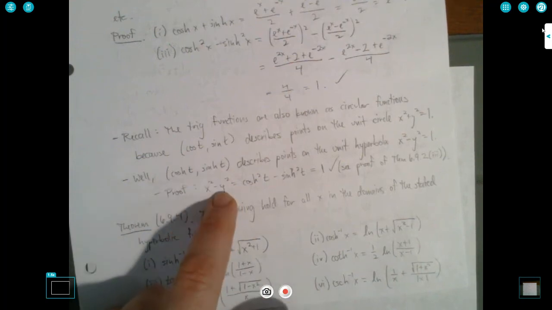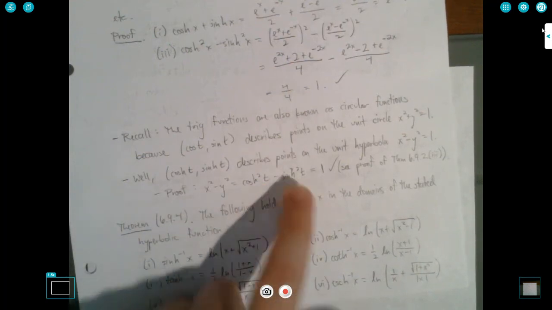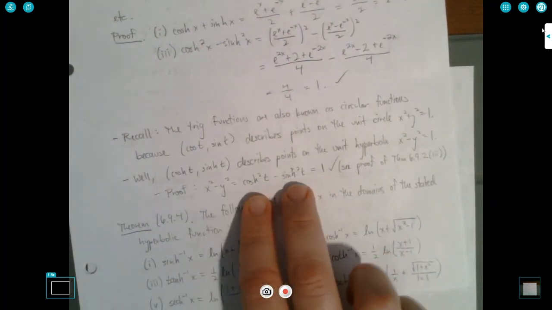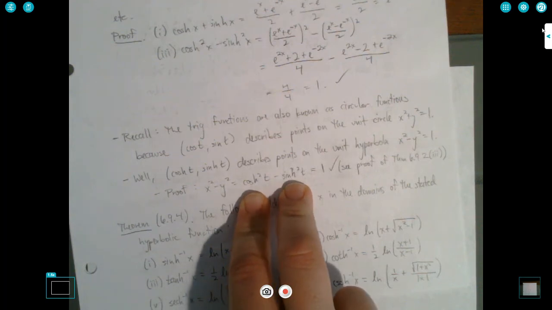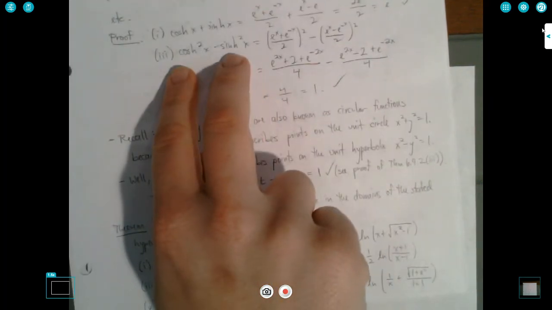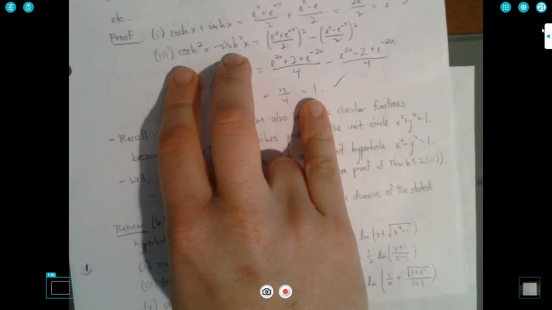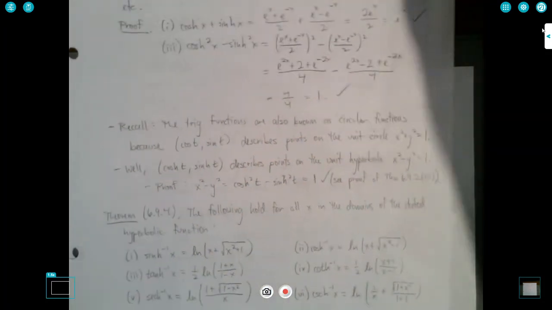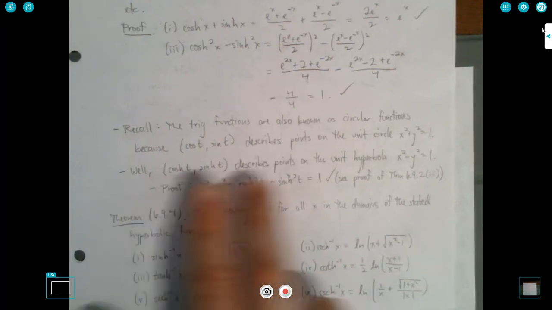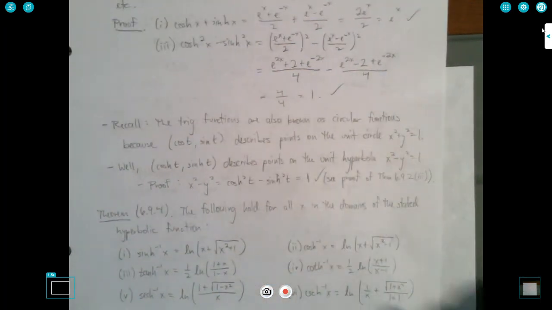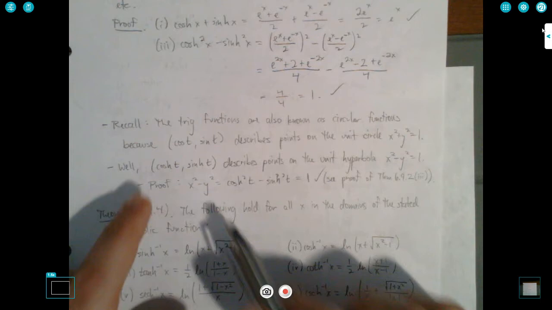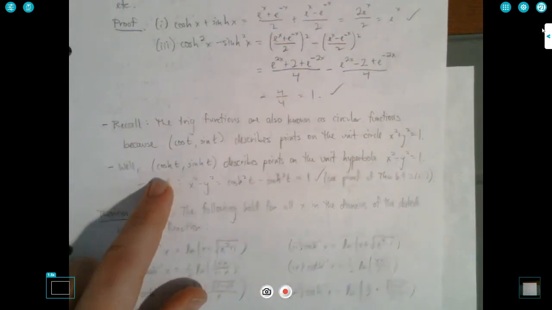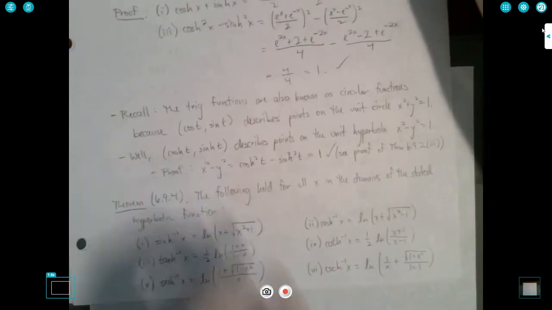If y is sinh t, then y squared is sinh squared, right? And we just proved that cosh squared minus sinh squared is 1. We just proved that up here, right? So we know that cosh t, sinh t has to be on this hyperbola.